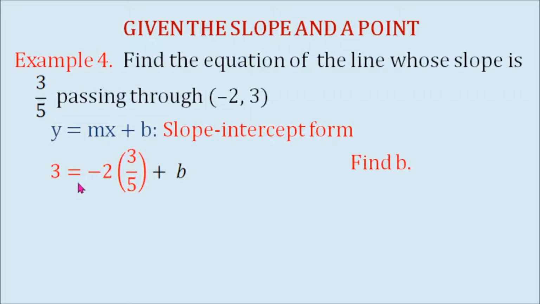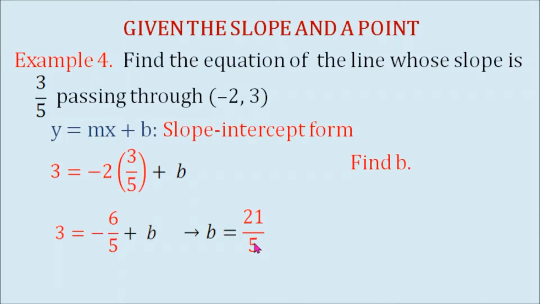So we have 3 equals -2 times 3/5 plus b. So -2 times 3/5 is -6/5. Adding 6/5 on both sides of the equation, b equals 21/5.